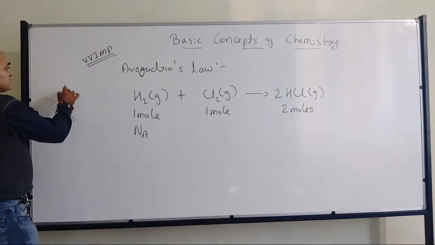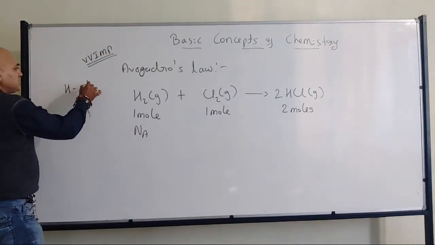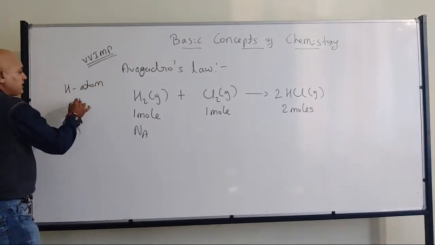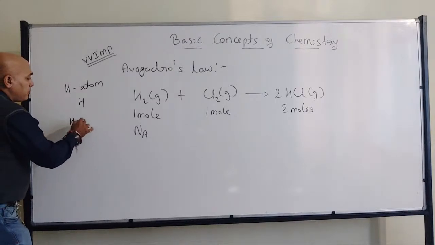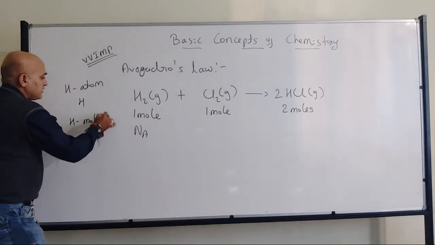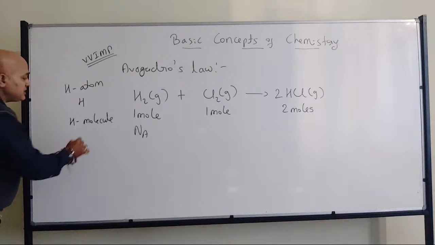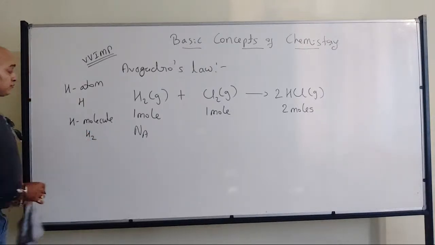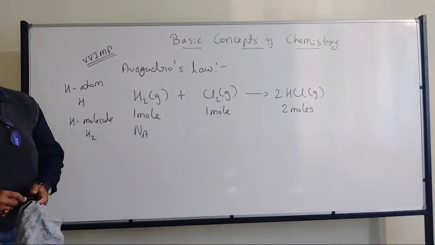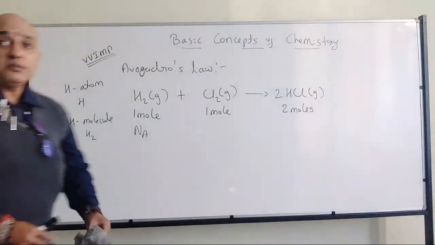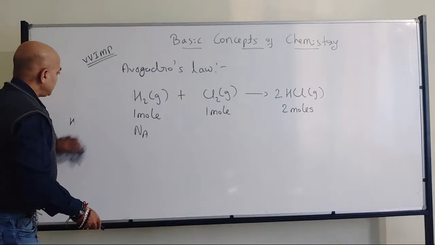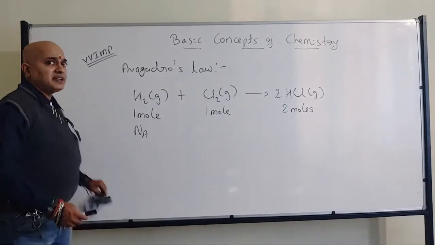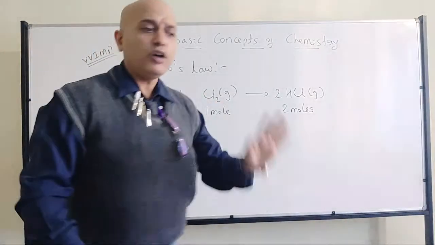See, there is a difference. When I am telling hydrogen atom, then I am talking about H. When I am telling hydrogen molecule, that means I am talking about H2. It cannot be an atom, right? So 1 mole of hydrogen molecule or hydrogen gas, please remember, whenever we are telling hydrogen gas, it is a molecule.